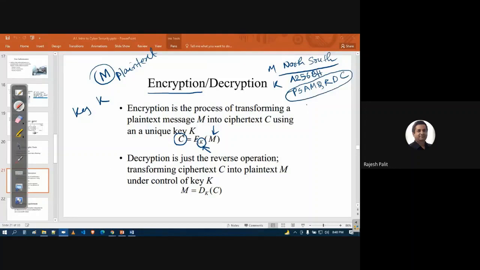This is called the cipher text, denoted by C. From the cipher text you cannot produce the plain text if you don't know the key. This is called the encryption process. You convert the plain text into a cipher text so that nobody can recover the meaning of that cipher text.